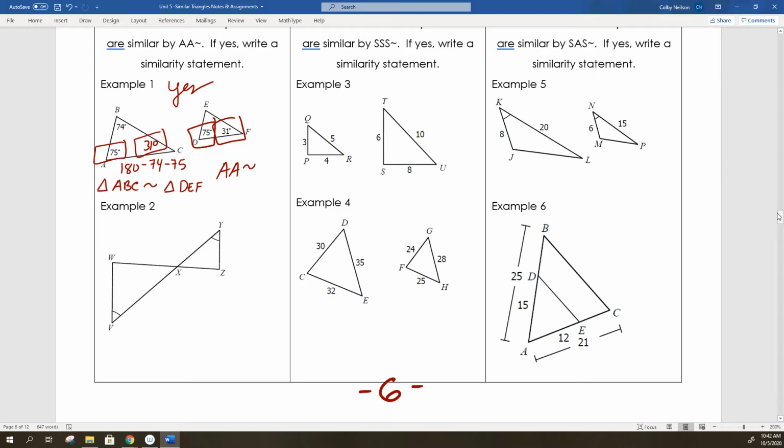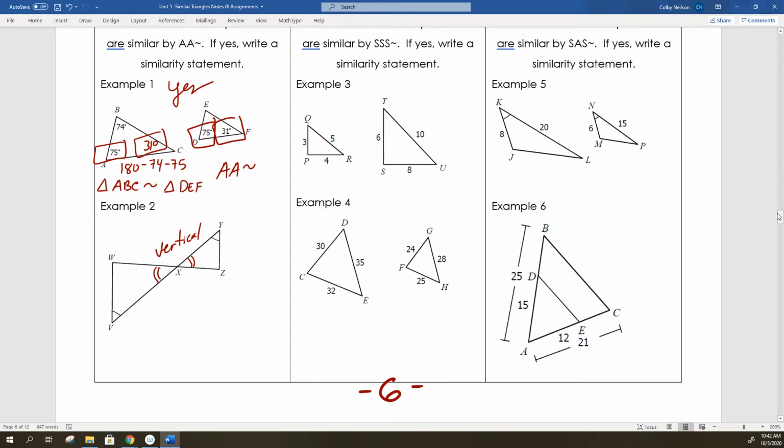Example 2. Can we find any other information? All right, we have vertical angles here. This angle would match with this angle, and I'm writing that with 2 marks because the other angle had 1 mark, and I didn't want to indicate that they were all the same. So these 2 are vertical angles, and so that means they're the same.